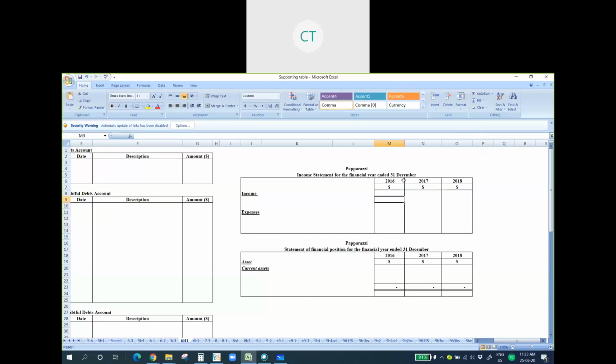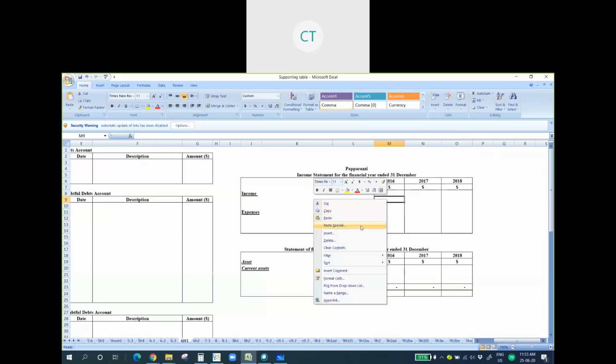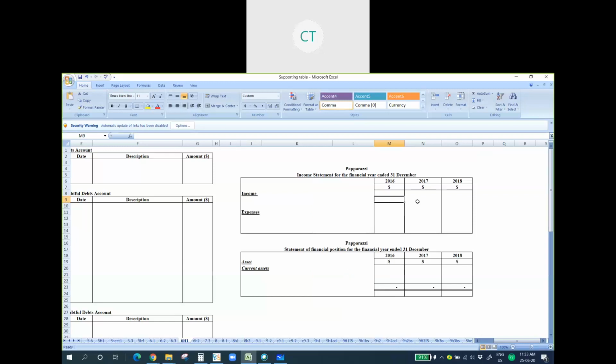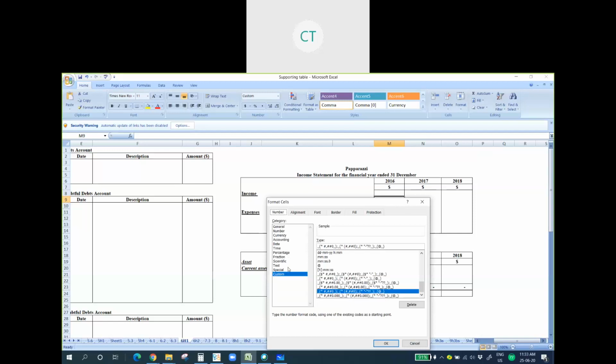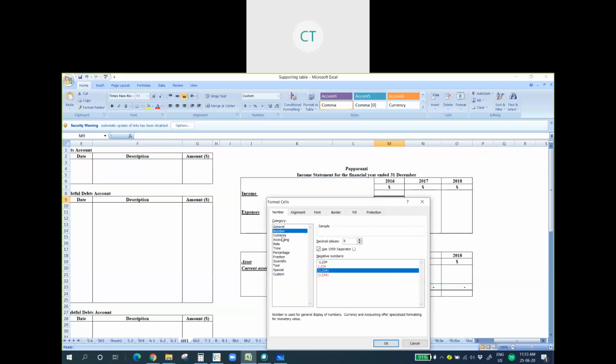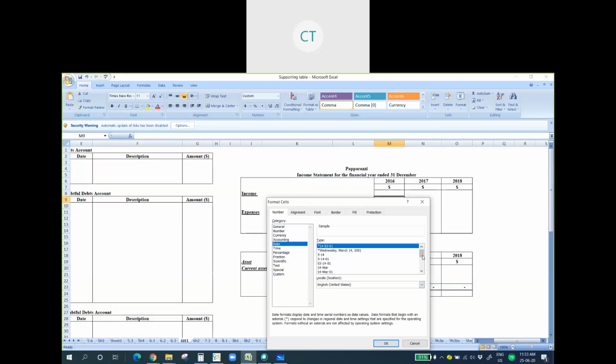All you need to do is right click and then go to Format Cells. Then you can select the format that you want, either percentage, numbers, or the like. You can choose the month first or the date first. All right.